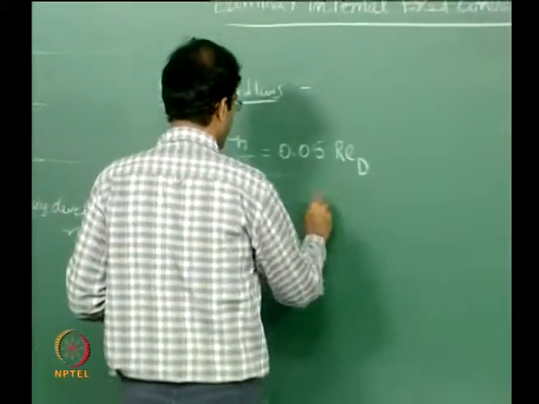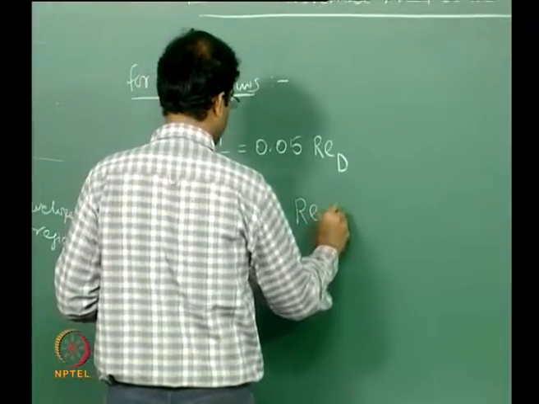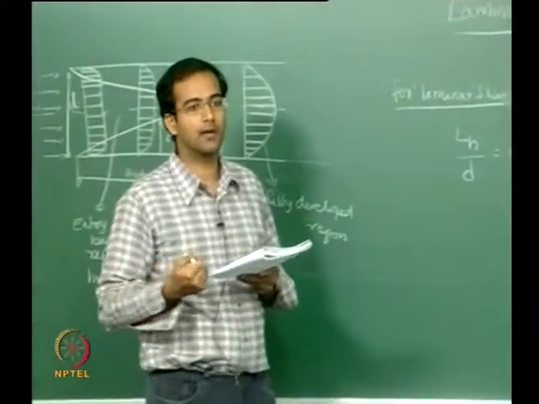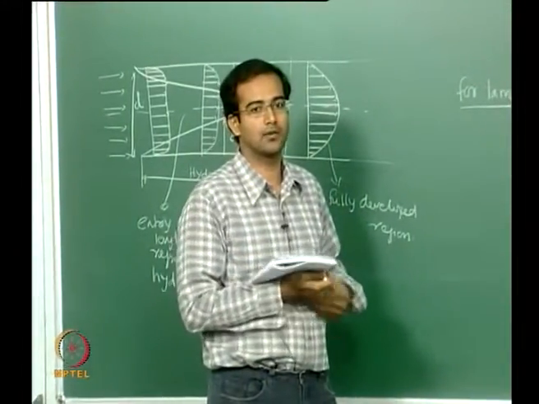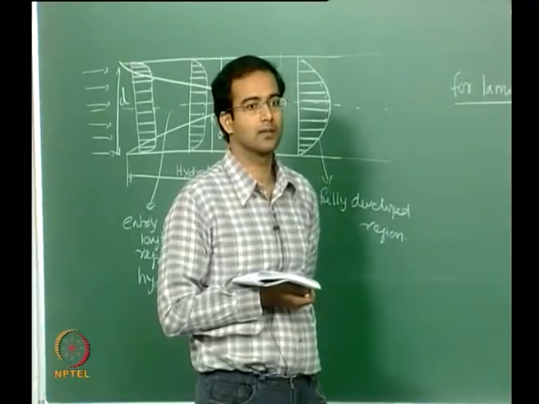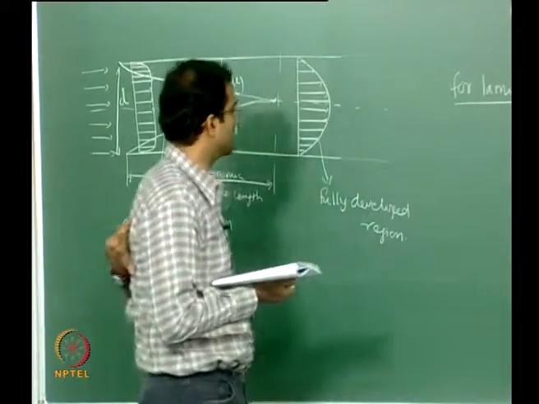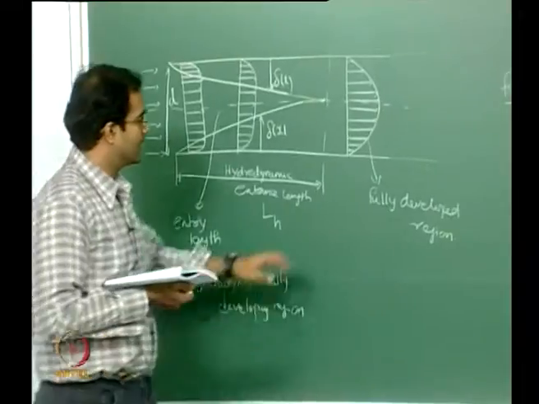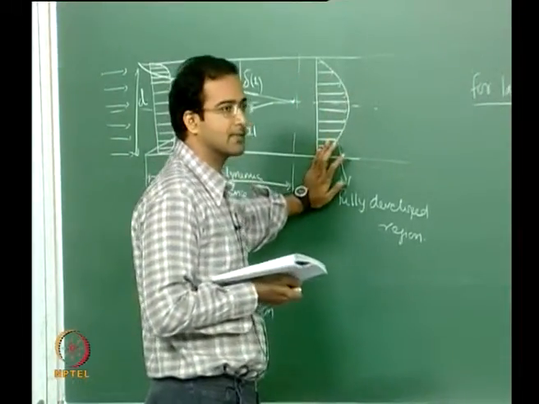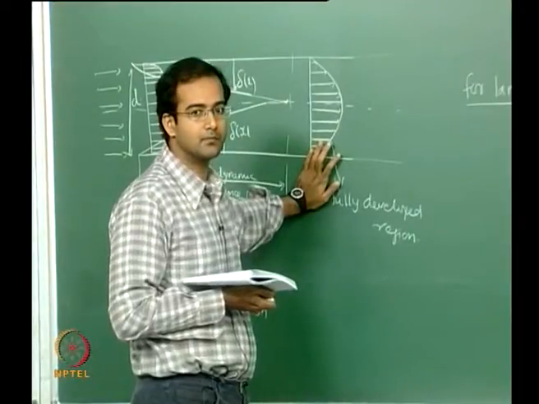Okay, so here the Reynolds number for internal flows is defined based on, so what kind of characteristic velocity do we have to use? That is the question. So the kind of an average, because here you see, even if you look at a fully developed case, you have a profile which is a function of y.